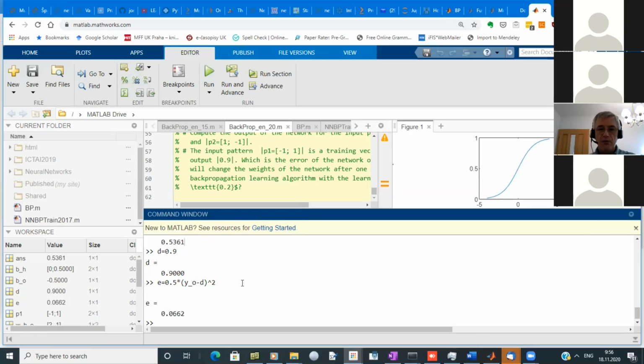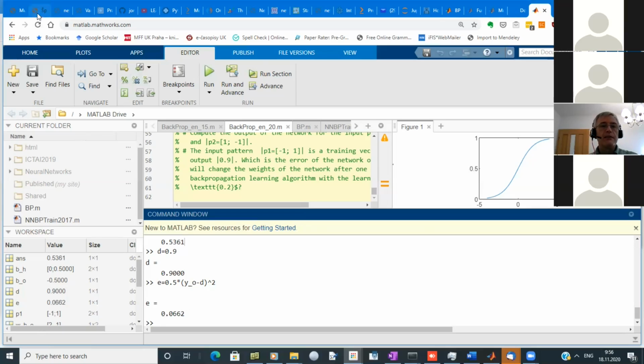So now we will recompute the adjustments done by the backpropagation algorithm. We know the value for the error, and after we finish the adjustment, we will recompute the output of the network and compare the errors, and we will see how much it improves by performing one step of the backpropagation algorithm.